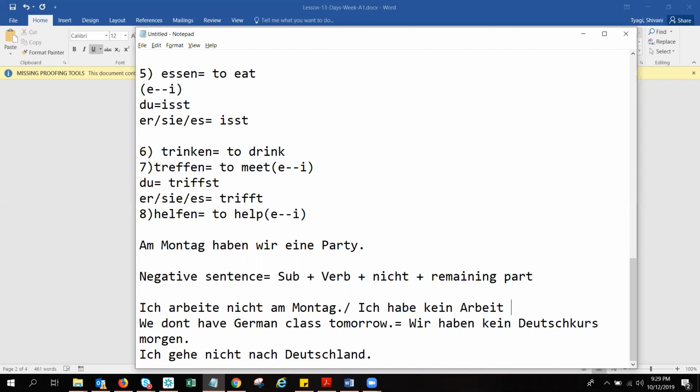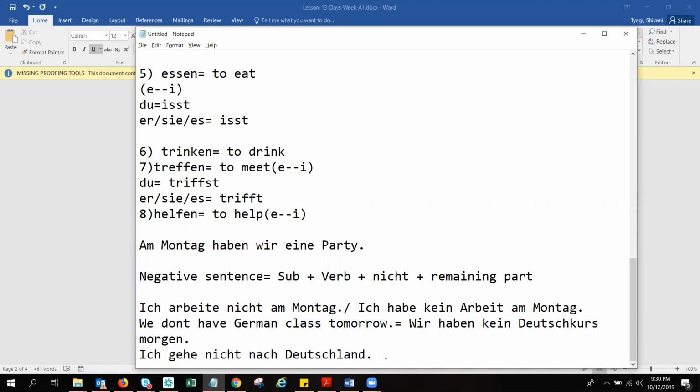Ich habe kein Arbeit am Montag. So see the difference? Ich arbeite nicht am Montag. I'll not work on Monday. There is no noun. I'm using this nicht for the verb to work, and here I'm using no, the negative for the noun Arbeit. So ich habe kein Arbeit. Ich arbeite nicht.